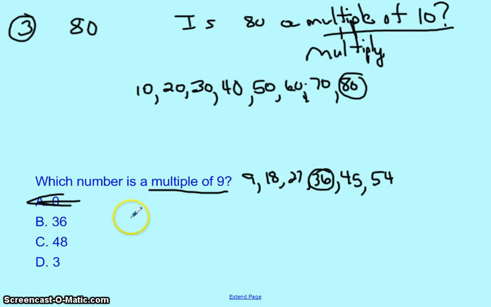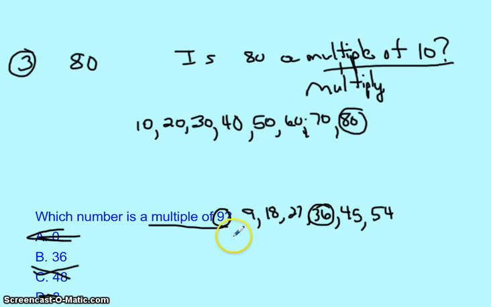So 36 is the fourth multiple of 9. 48, no, we know that's not. We're going to check these just in case, and certainly not 3, because if we're starting with 9, it can't be a multiple. Again, we're thinking multiply, starting with 1 group of 9, 2 groups of 9, 3. 9 is the amount we're skip counting by. So 0 and 3 certainly couldn't have been a contender.